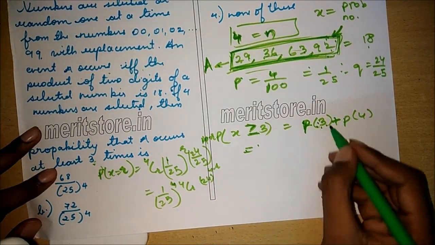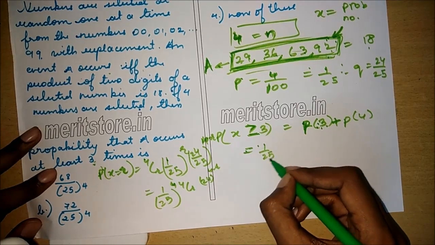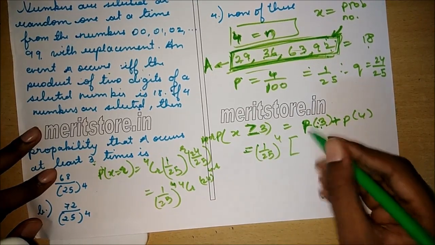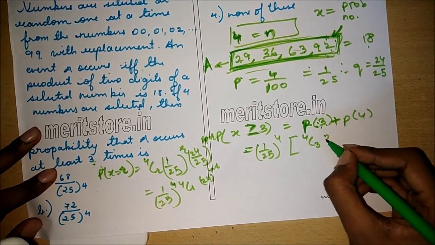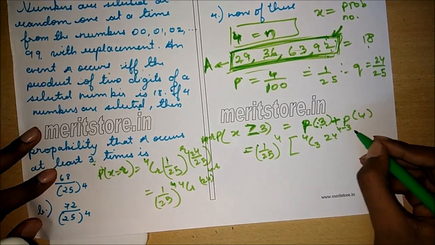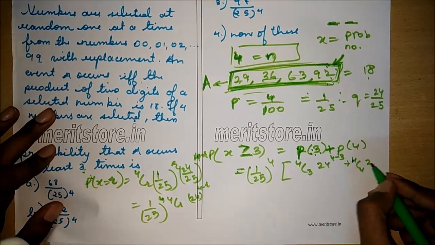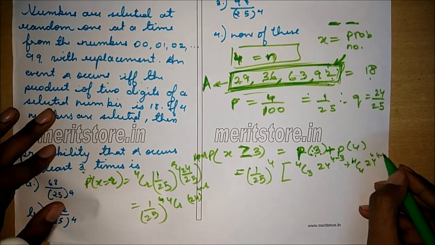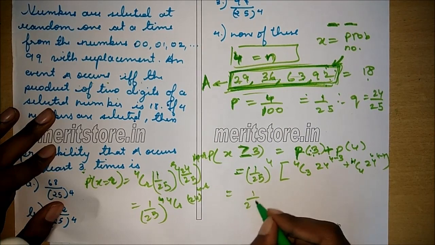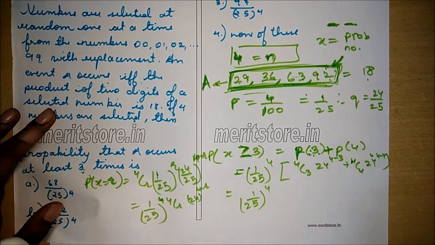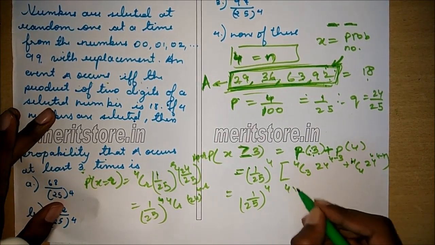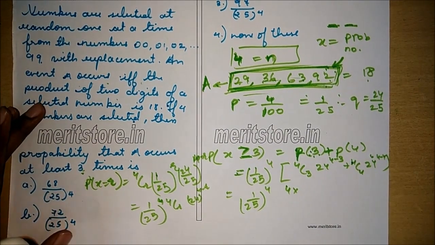So for r equals 3, it will be 1 by 25 raised to 4, 4C3, 24 raised to 4 minus 3, plus 4C4, 24 raised to 4 minus 4. This is 1 by 25 raised to 4. 4C3 is 4 and 24 raised to 4 minus 3 is 24.